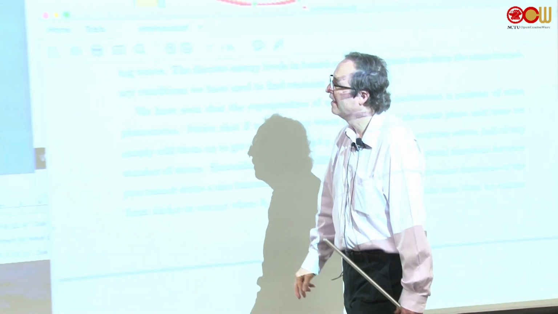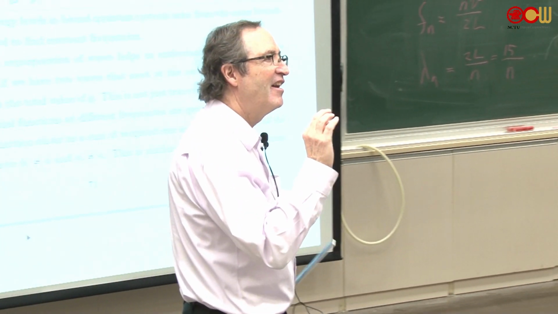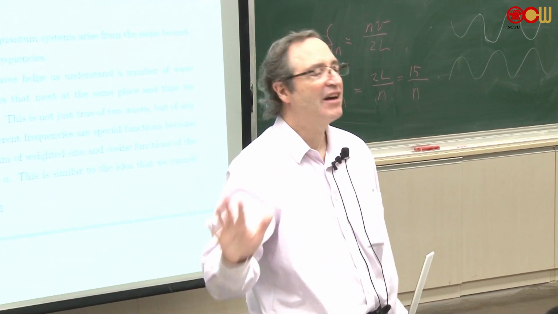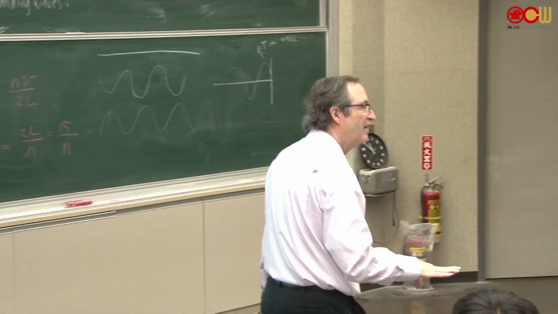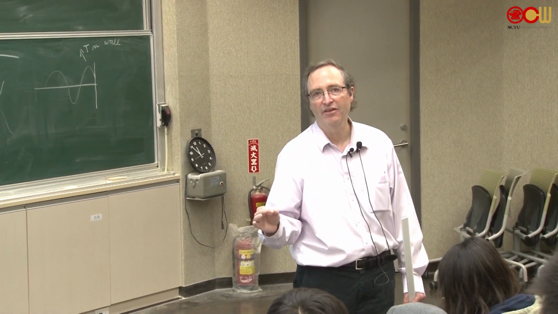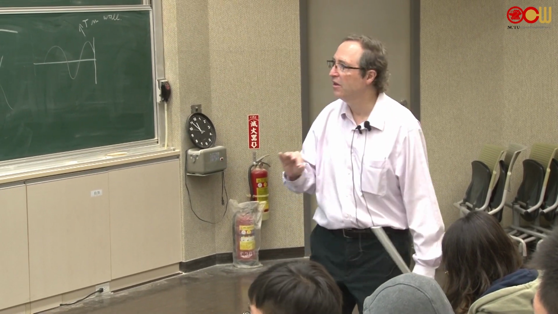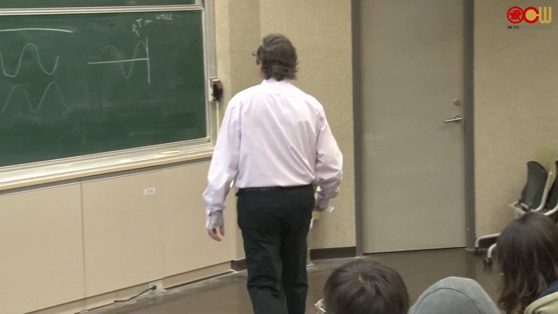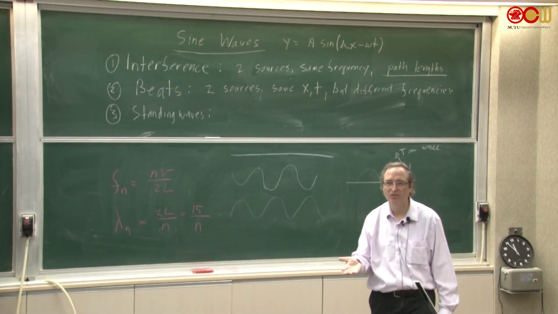OK. So what do I want you to get out of this class? That everything we talk about, no matter how complicated it seems, no matter what the details are, it's all about adding waves together, superposition. All right? And then all you've got to do is figure out what is constant and what changes in any situation.